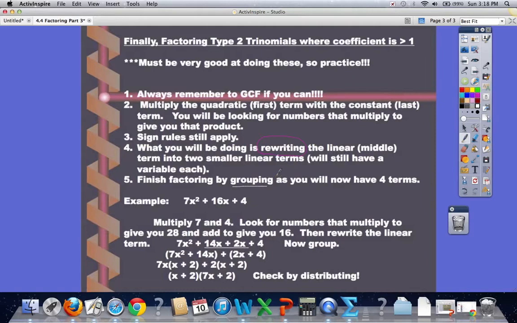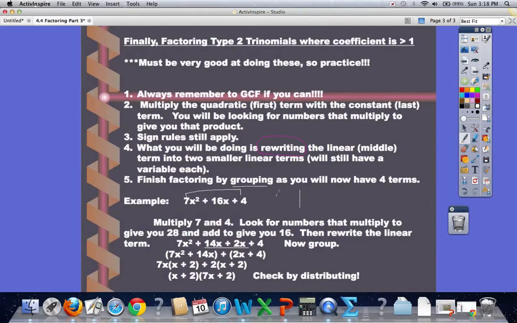All right, so notice our first example, 7x squared plus 16x plus 4. We have a coefficient bigger than 1, so we must use this type of factoring. You multiply the quadratic term and the constant term, and that makes 28.